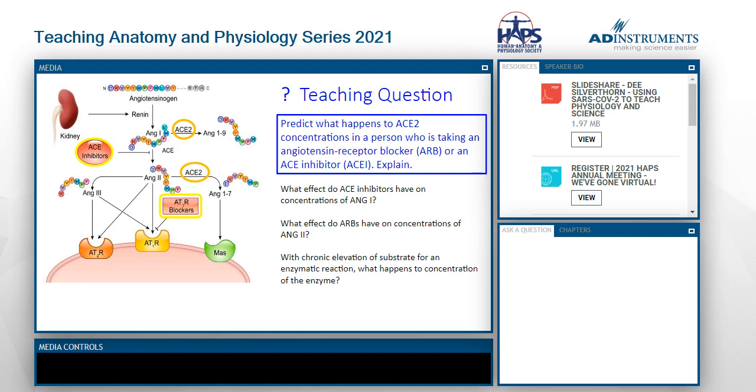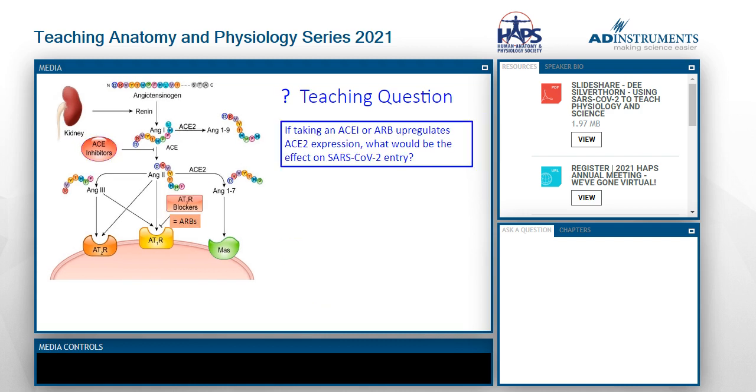But when you have chronic elevation of substrate, which is what you would have when you're giving someone drugs that chronically block these pathways, very often the cell is going to induce synthesis of more enzyme. So the prediction is going to be that cells are going to upregulate their ACE2 expression in response to the increased substrate caused by giving these antihypertensive drugs.